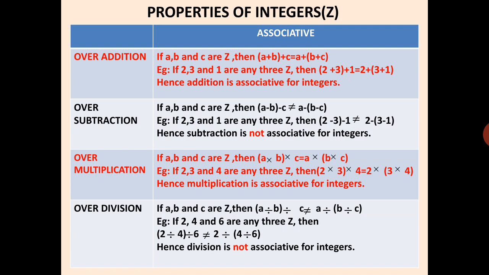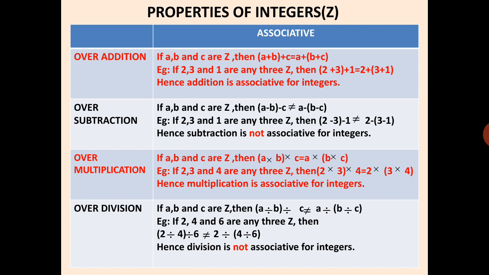Now I will explain with the help of an example. Now children, (2 + 3) + 1, that is the left hand side. 2 plus 3 is 5, plus 1, 6. Now move to the right hand side. It is 2 + (3 + 1). Now bracket has 3 plus 1 in it. So start the addition from that side.